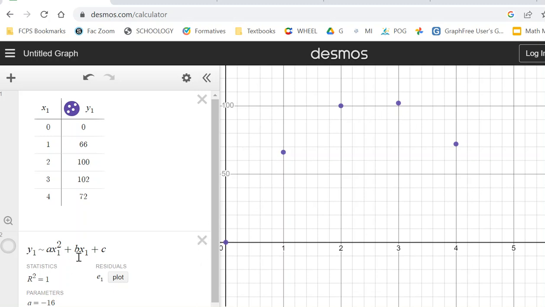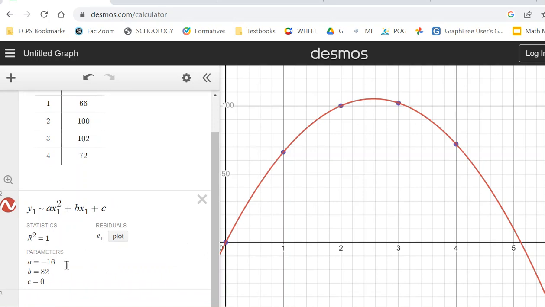So I've got my equation still written in here, y sub 1 tilde ax sub 1 squared plus bx sub 1 plus c. If I turn that on, that is my curve of best fit. So I can see my A and my B and my C, and I'm going to go ahead and record those on my paper.